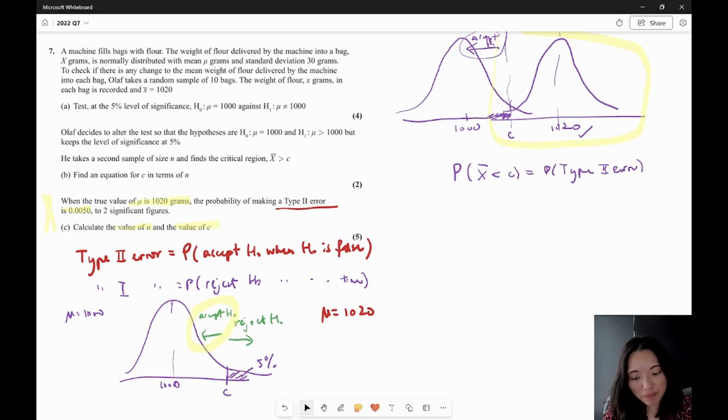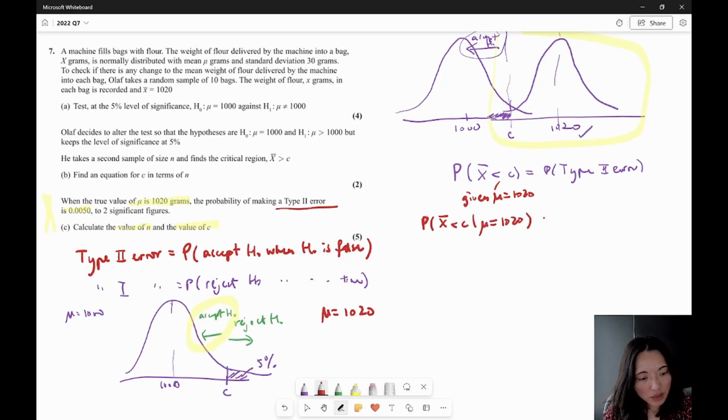Importantly, we need to say that this is given mu equals 1020. Rewriting that, I'm able to say probability of x bar less than C given mu equals 1020 equals, what's the probability of type 2 error? We've been told in the question it is 0.0050.